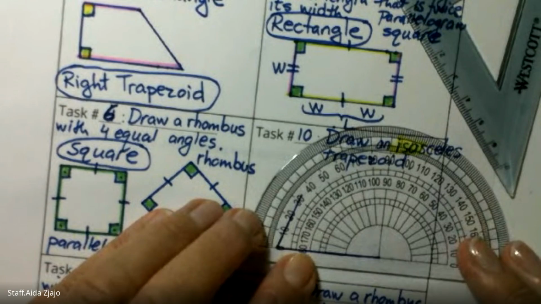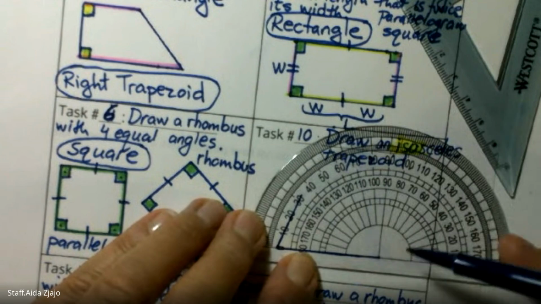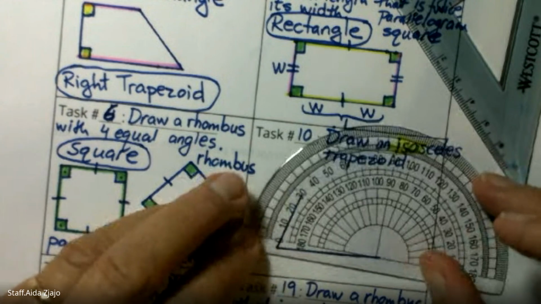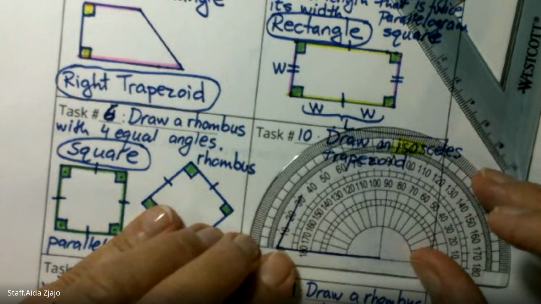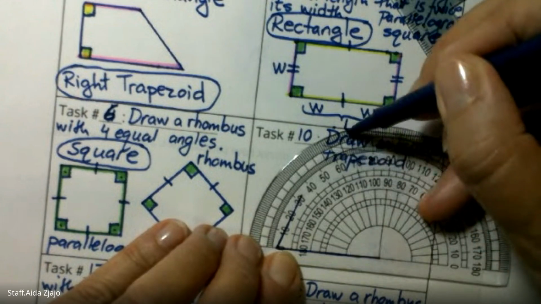That tells me these are going to be congruent. So going inside, and that is right here.